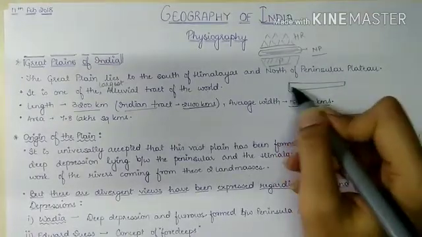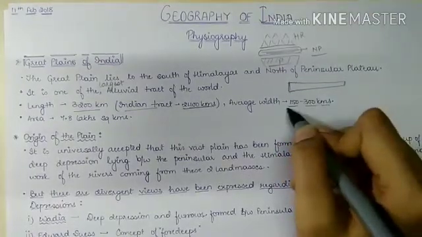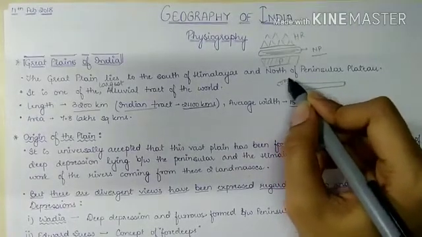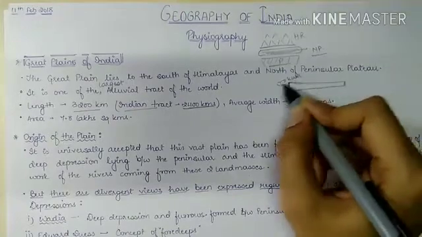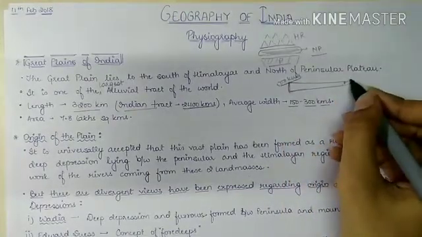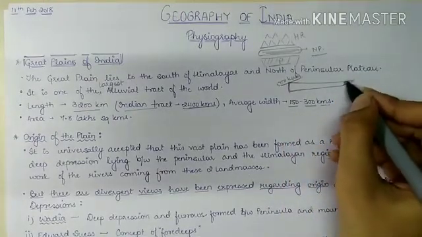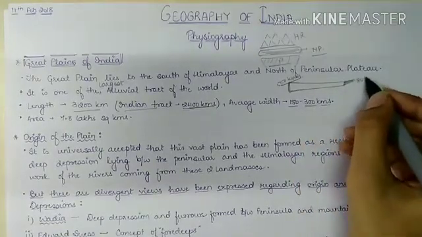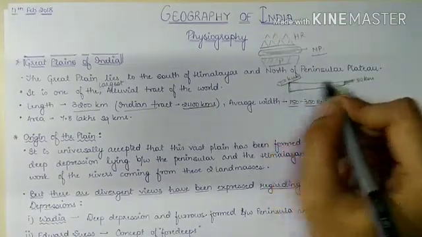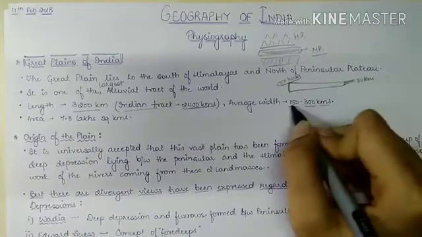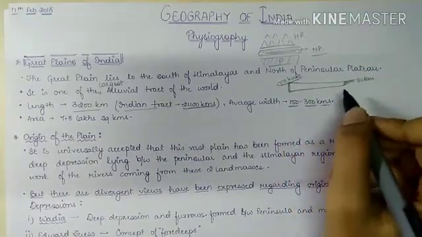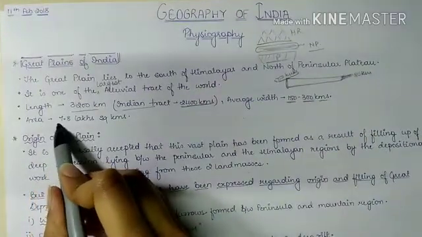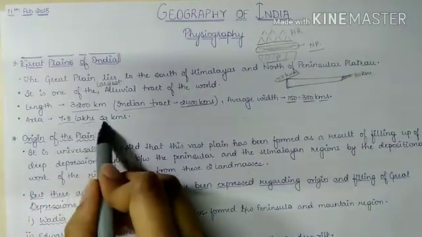In the west we have about 500 kilometers of width, and in the narrow stretch of this tract in Assam, it is about 80 kilometers. The area that it covers is 7.8 lakh square kilometers.